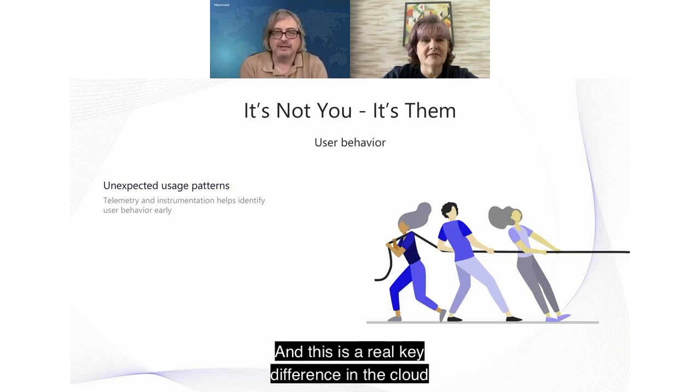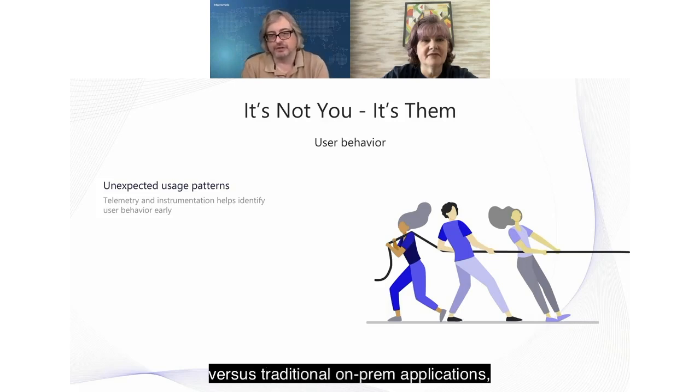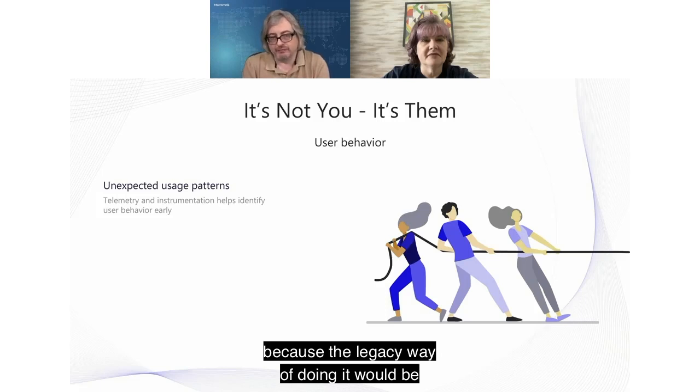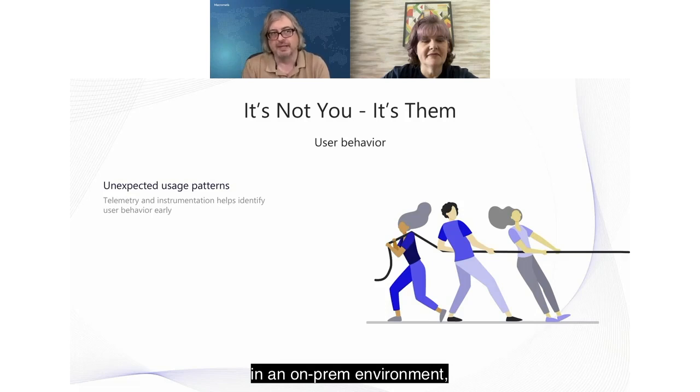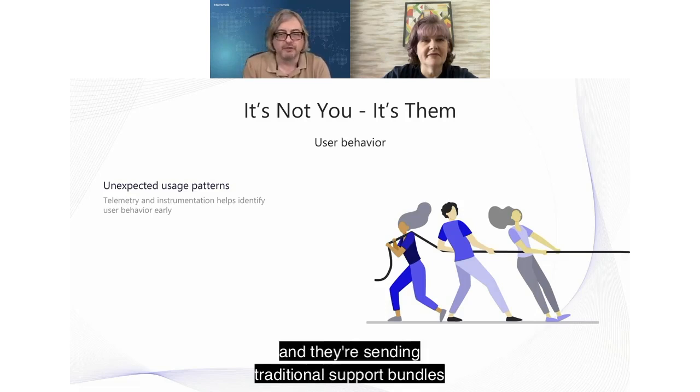And this is a real key difference in the cloud versus traditional on-prem applications, because the legacy way of doing it would be to have error logs, and you instrument your code with logging, and you write logs. And that's fine if your customers are running it in an on-prem environment and they're sending traditional support bundles to your customer service, customer success team. But that's not a cloud native way to do it.